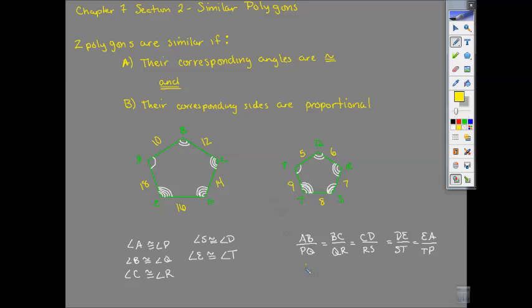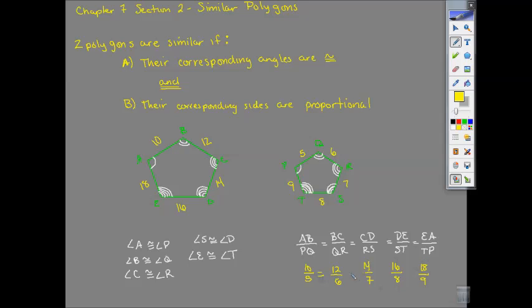So if I put 10 over 5, that's AB over PQ, that's 2. And then if I put BC over QR, I get 12 over 6. And if I put CD over RS, I get 14 over 7, and 16 over 8, and 18 over 9. 10 over 5 is 2, 12 over 6 is 2, 14 over 7 is 2, 16 over 8 is 2, and 18 over 9 is 2.